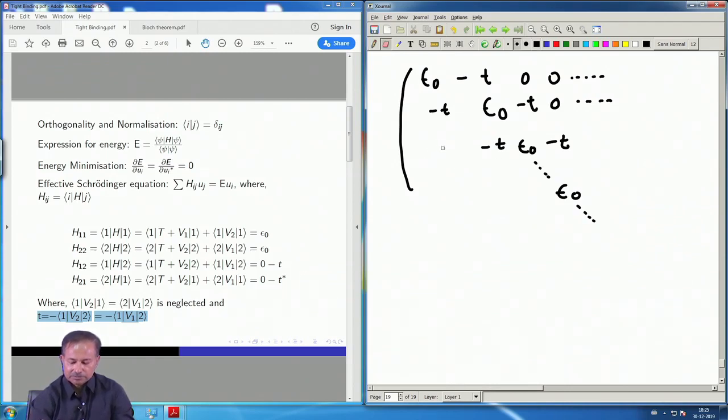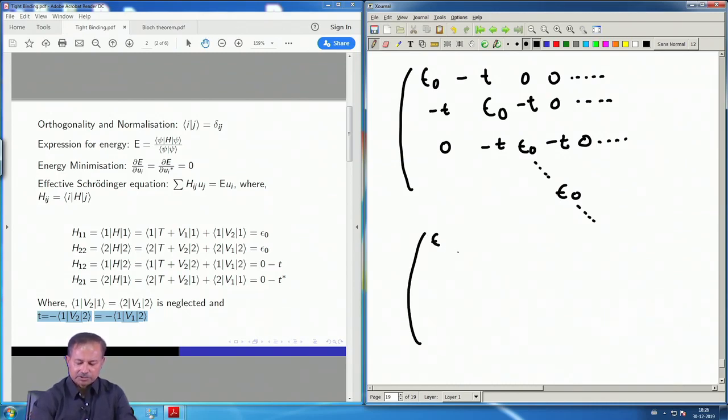So, this will be 0. And so on. So, any row which does not correspond to the first atom or the last atom will always have these 3 elements in that row. There will be not more than 3 elements. There will be a diagonal element which is epsilon naught, and on both sides I will get minus t. So, the matrix has a structure which is very simple.